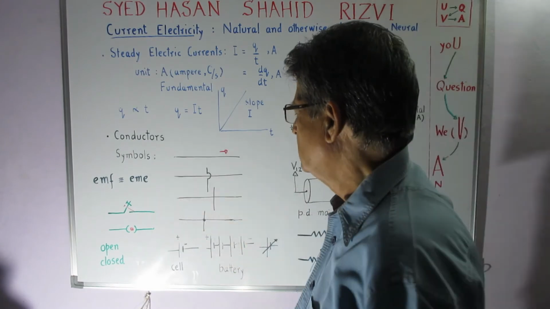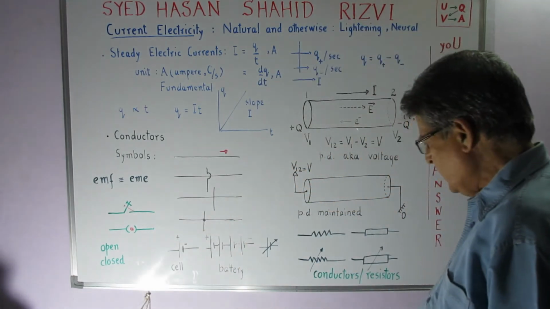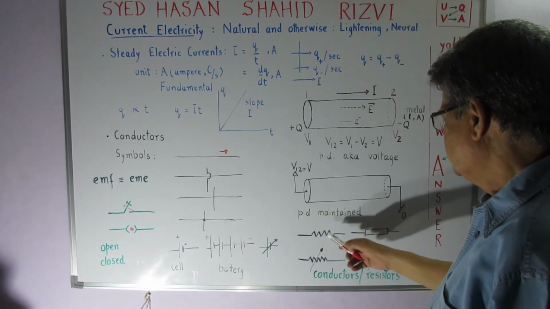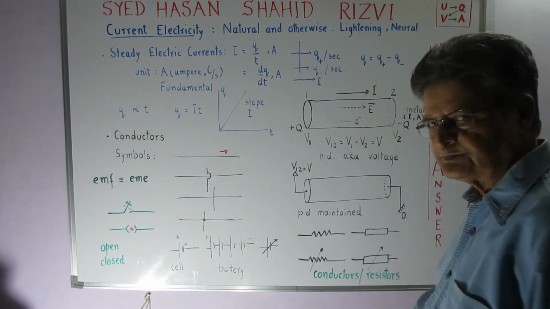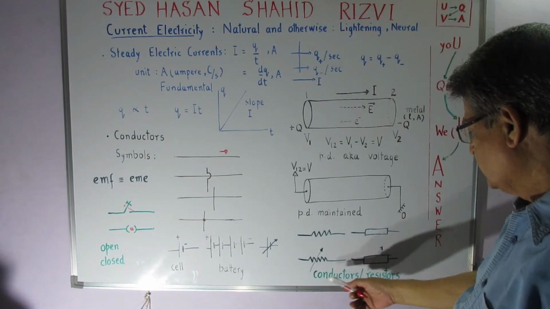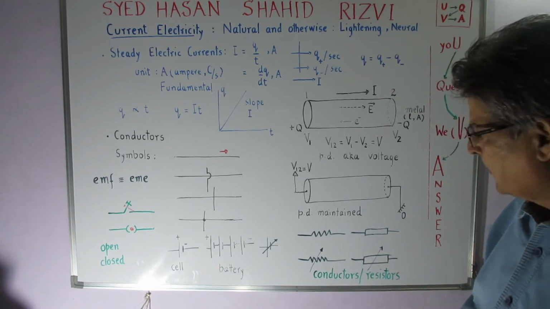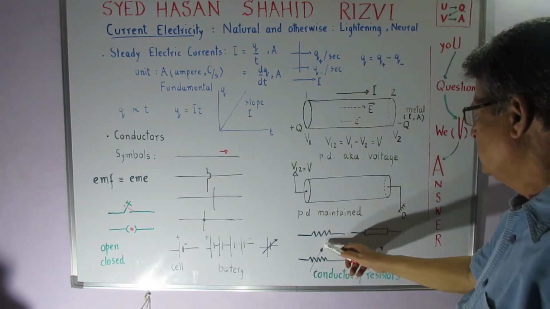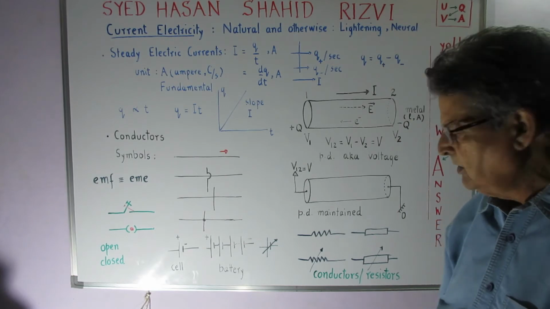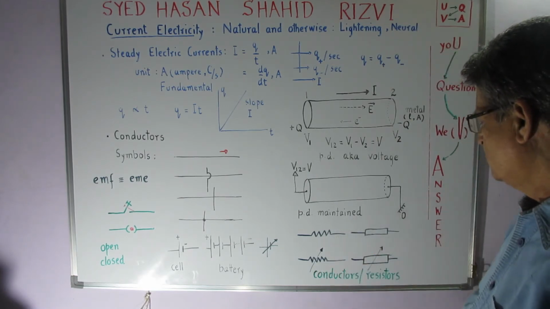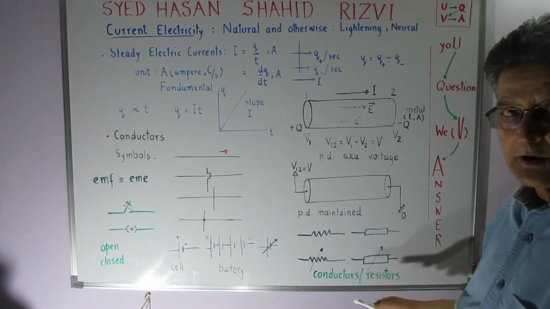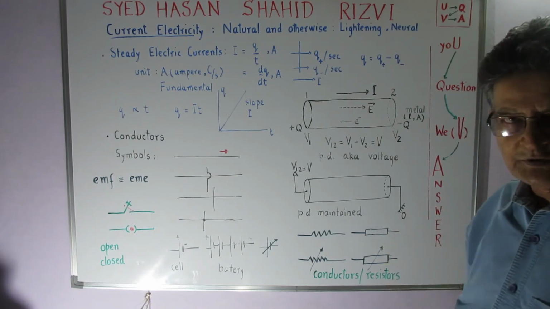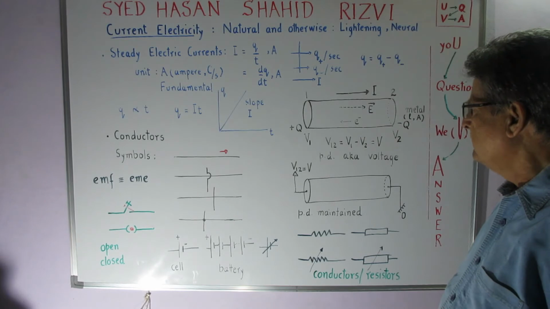So open, close, switches, etc. And then besides these, we have certain symbols like this. They are the symbols of conductors or resistors. Like this we go. And if they are to be made variable, then there is a line put over there. And similarly this one. And particularly in the old Russian books, the resistors used to be shown like this. So they had a different way.